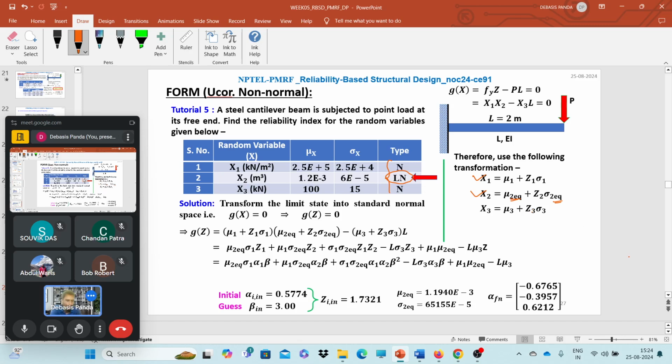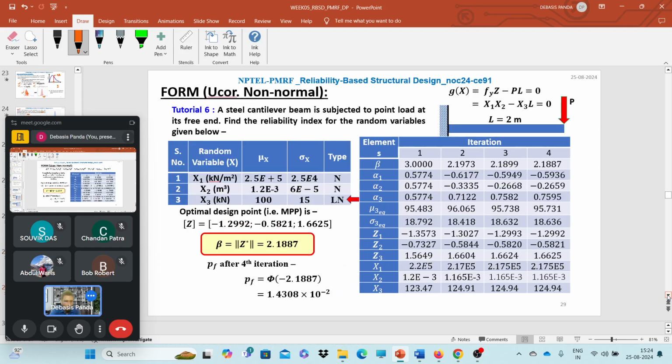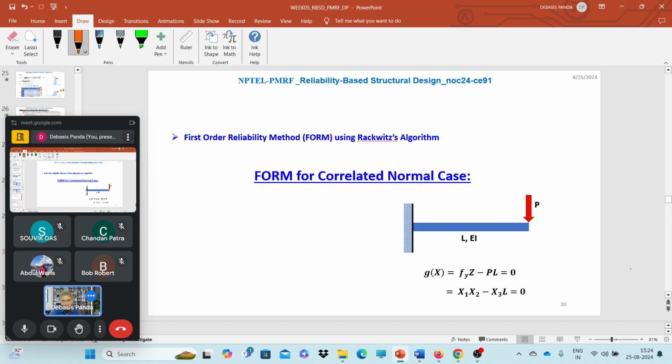So basically you need to put an additional step where you first convert into equivalent normal space, and then the rest of the operations are the same. So here we can see that after the third iteration we will get the convergence and we will get the beta also.